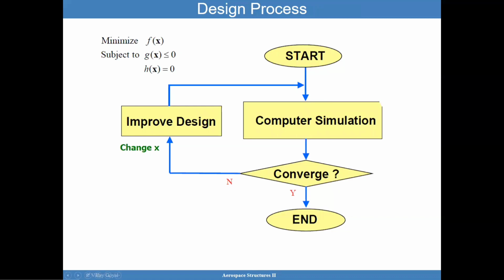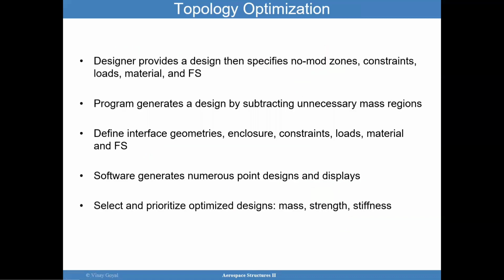I'll give you a better view later towards the end, but the designer has to provide a design that is credible, meaning that you cannot modify areas that are affixed to other locations. So if you have attachment points, those points cannot be optimized because they're attached to other parts. You want to specify the materials, the factors of safety, the loads.